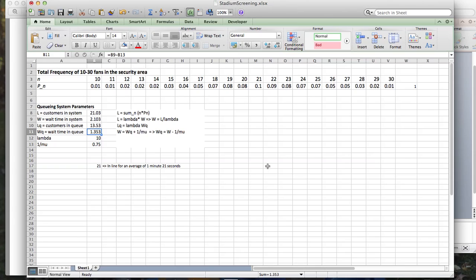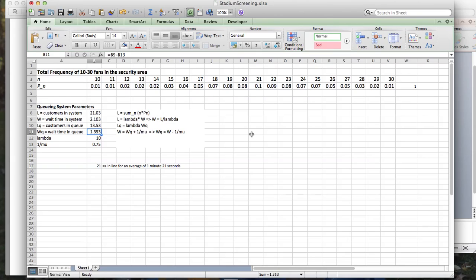One thing to comment on in this particular example is that if I look at the number of customers in the system and compare it with the number of customers in the queue, the difference gives me the average number of customers being served at any one point.